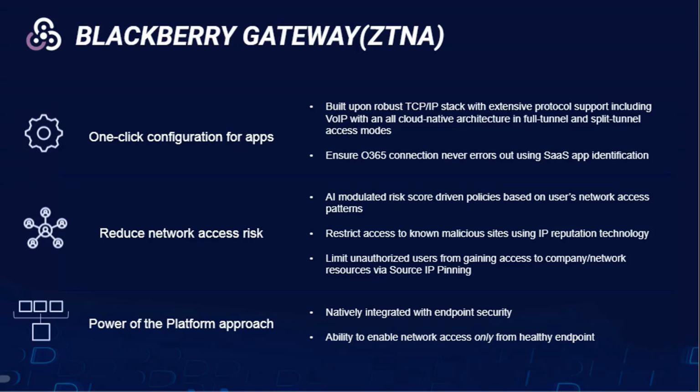Source IP pinning lets you configure your own IP addresses, so it limits unauthorized users from gaining access to your corporate or network resources, because those IP addresses are not known or searchable by any malicious actors out there.